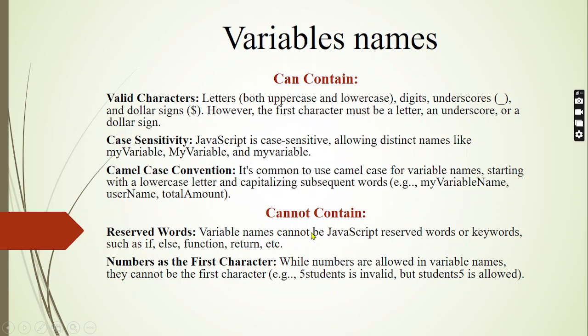So what can variable names not contain? They cannot contain words like if, else, function, return. These are inbuilt keywords in JavaScript. Also, you can't put a number first as a character, so you can't put a number before the variable name, but you can put a number after the variable name, like I have indicated here.